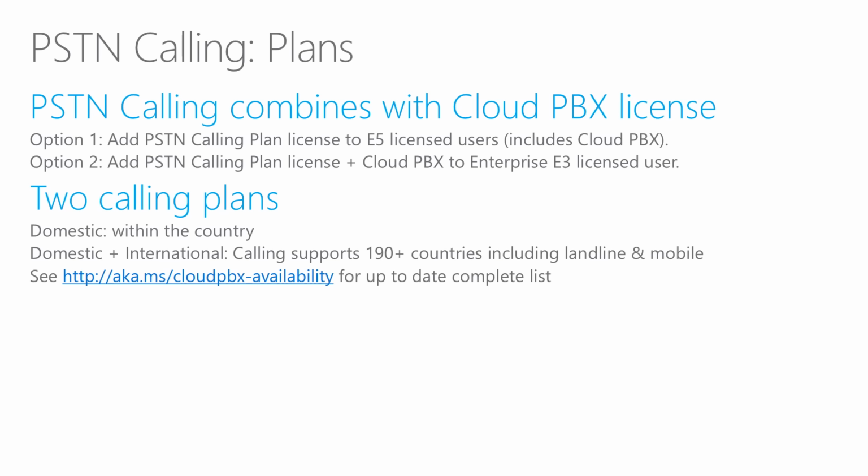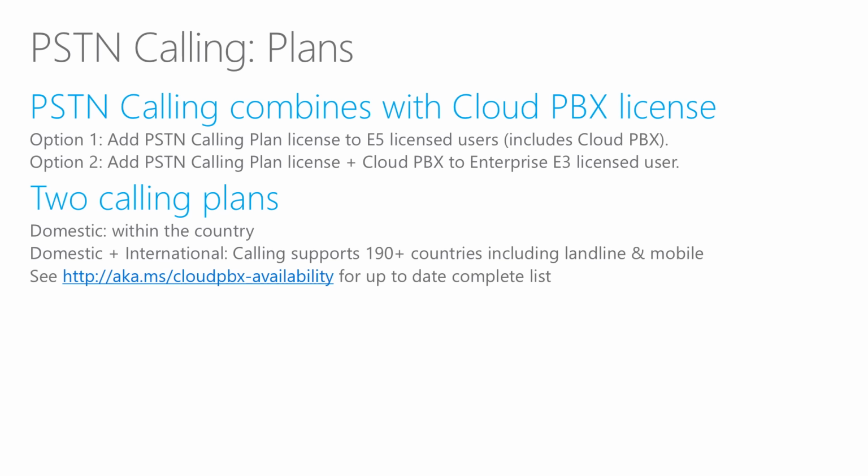They have either an E5 license, which means since it is E5, it already includes Cloud PBX, or they have an E3 license plus the Cloud PBX license, and then you can add a PSTN calling plan license to that. And there are two different calling plans. The one is domestic, where users can just dial phone numbers within the country, and the other one is domestic and international, where we support calling into more than 190 countries, including landline and mobile.